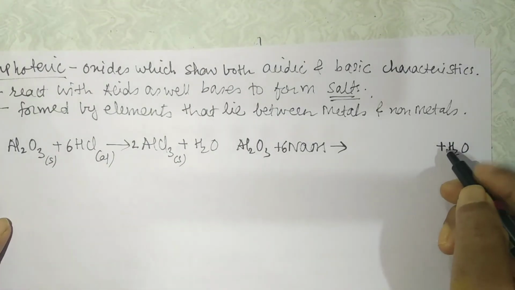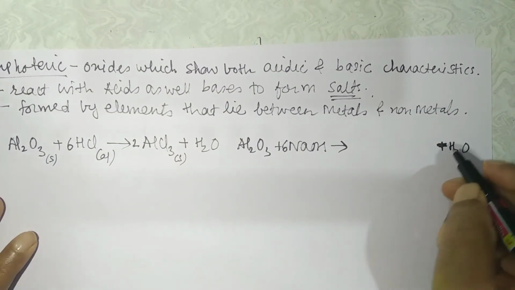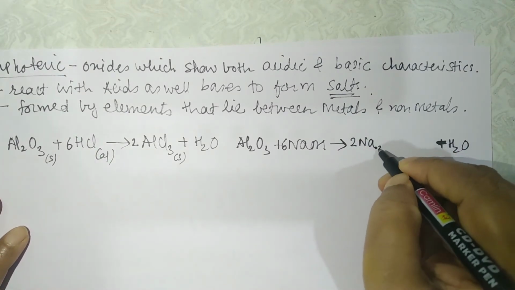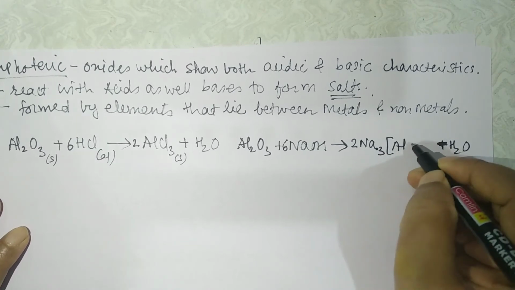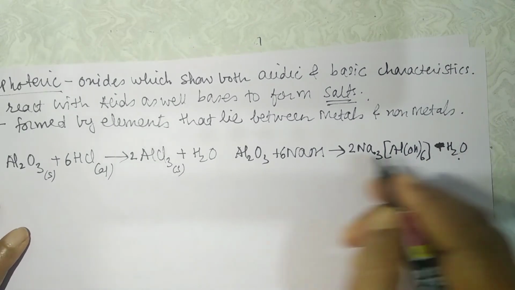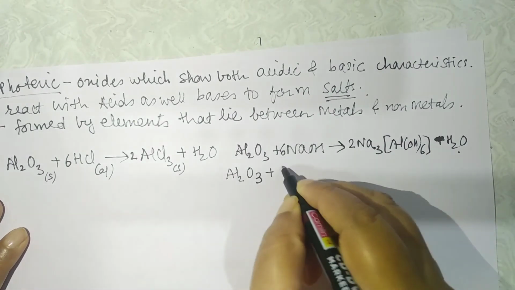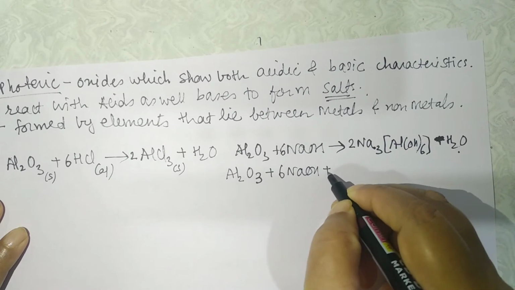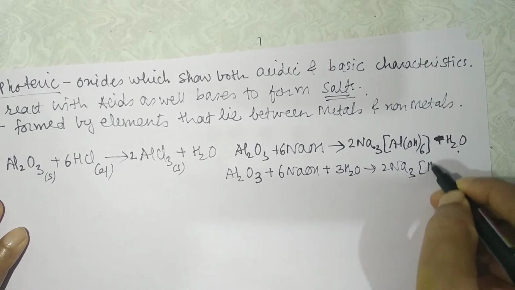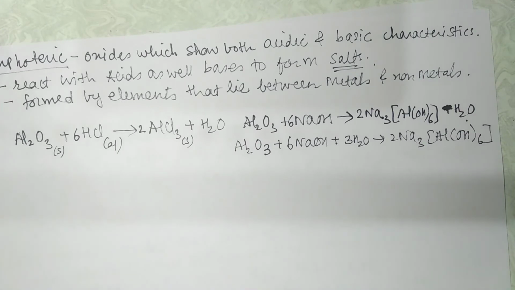When I remove water, what I get is 2Na3 Al(OH)6. What I have removed here, I can add to this side. So the reaction is Al2O3 plus 6 NaOH, aqueous, plus 3H2O gives 2Na3[Al(OH)6]. This is the salt which is formed.